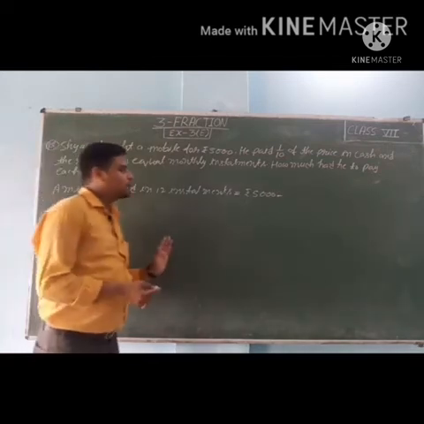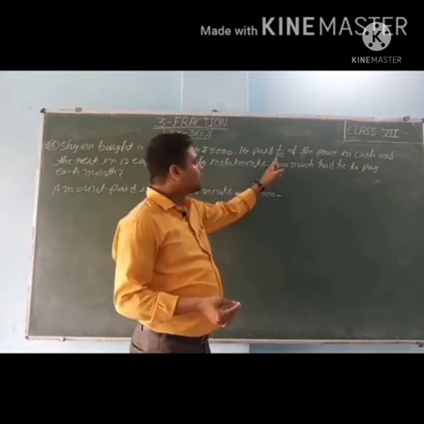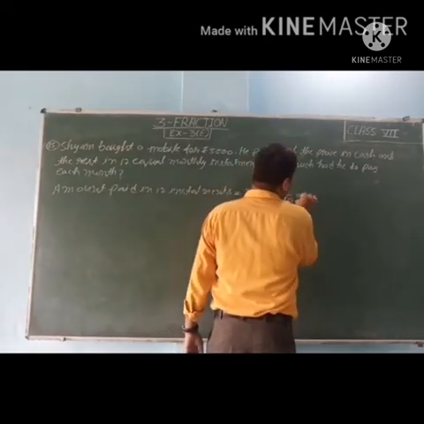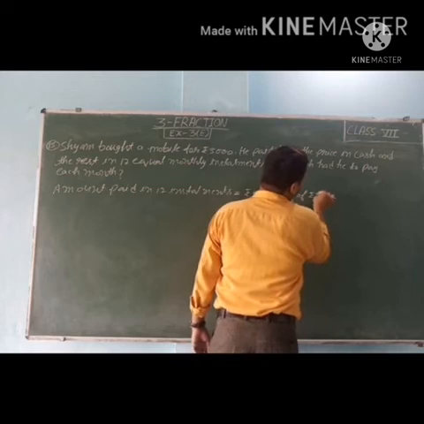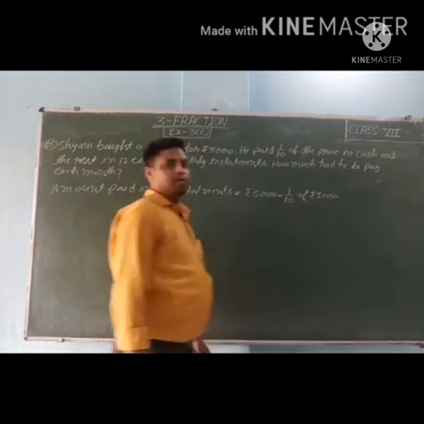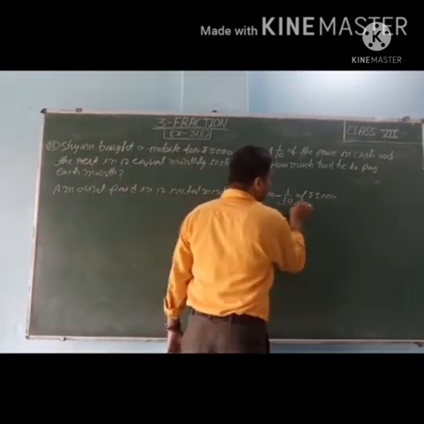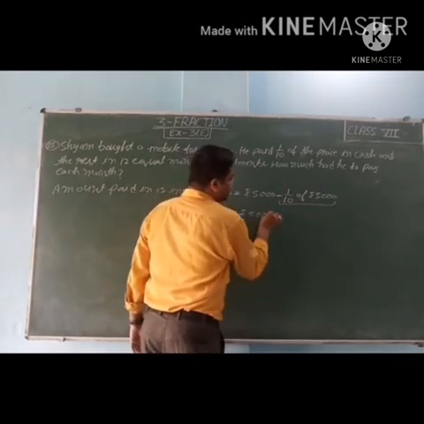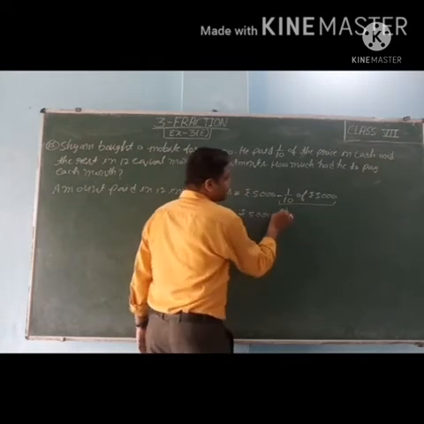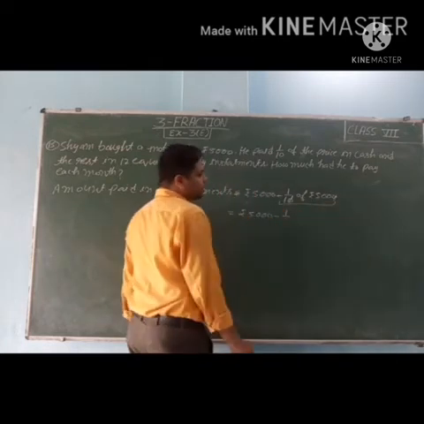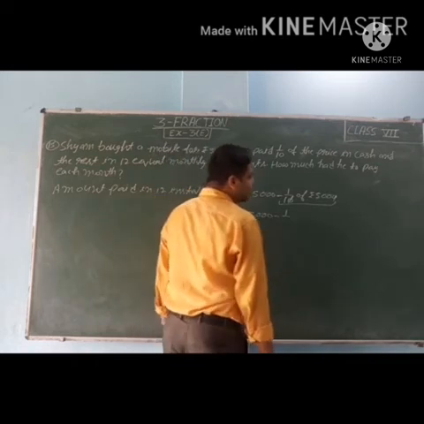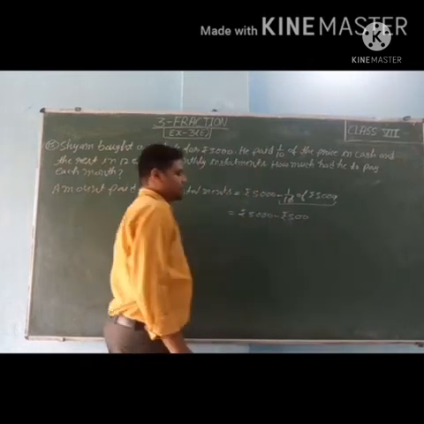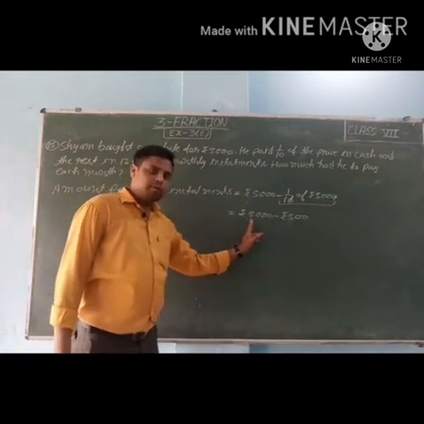So rupees 5,000, how much amount paid in cash? 1 upon 10th of the price. So 1 upon 10 of price means 5,000. So first we will solve the of portion, 1 upon 10 of 5,000. 0 and 0 cancel, so 5, 500 paid in cash.